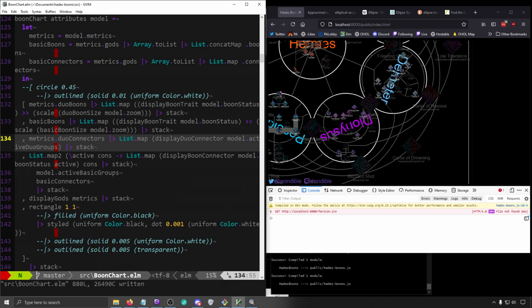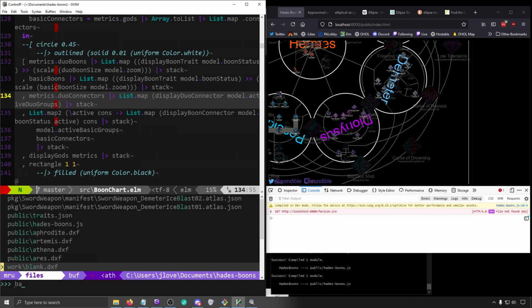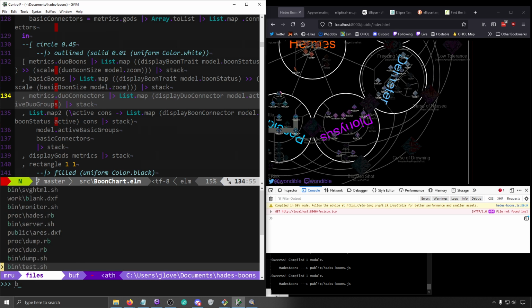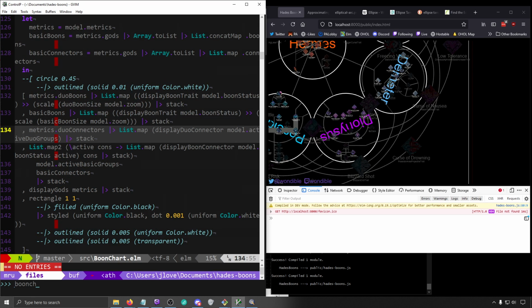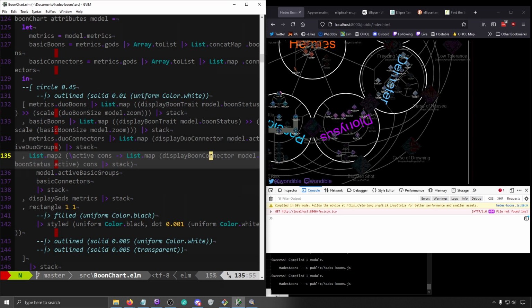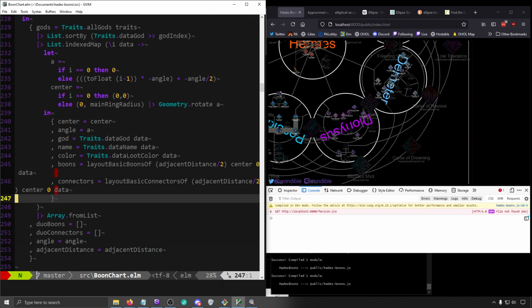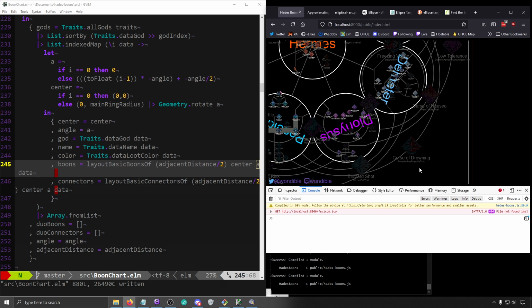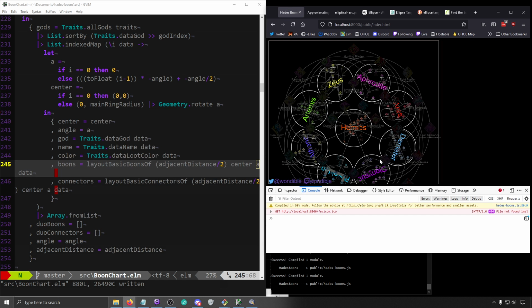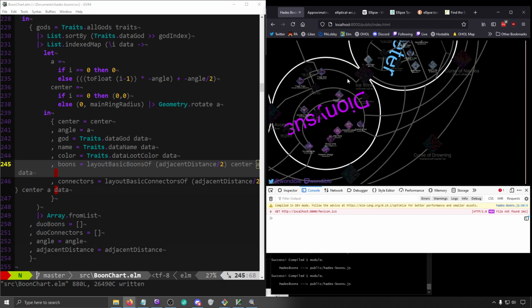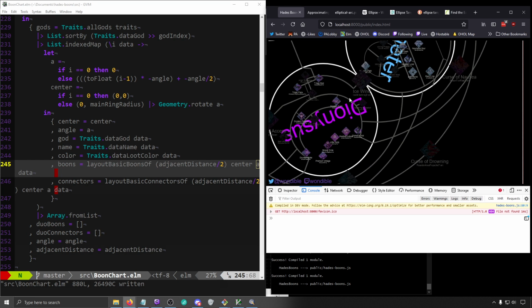All right, and then we had, oh, and there's a question of rotation. Oh, this is boon charge, just a different spot. Initial. That's all holding up nicely.